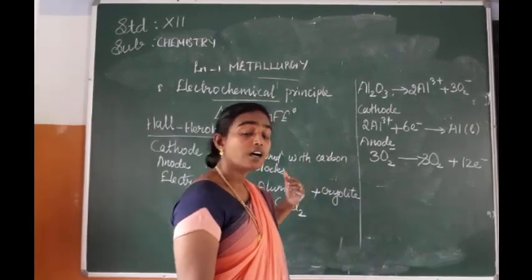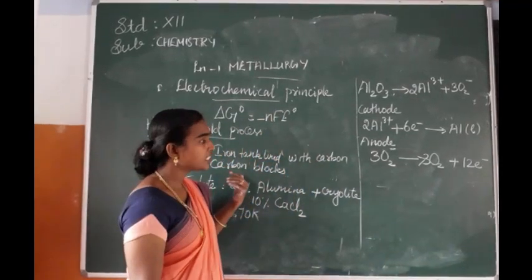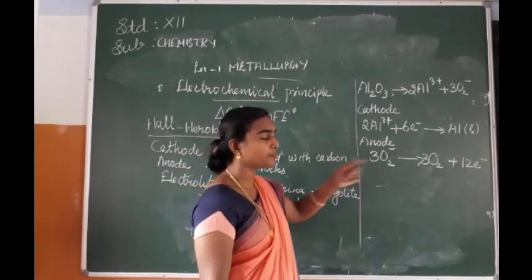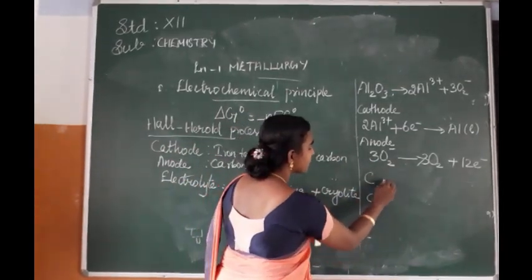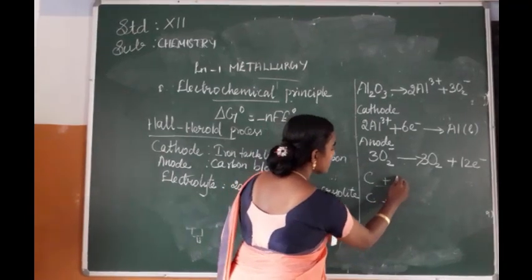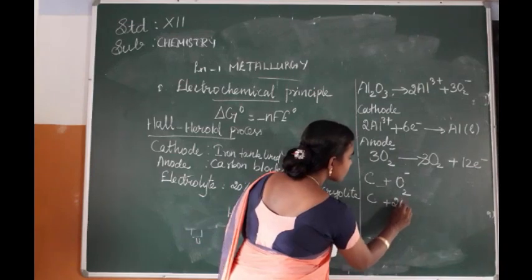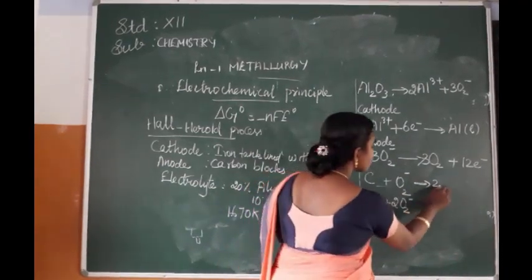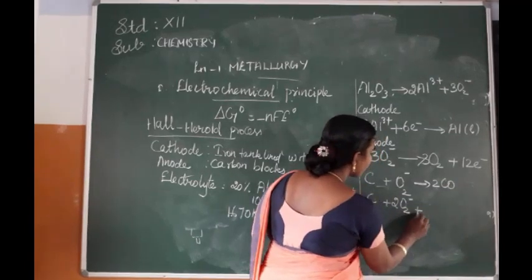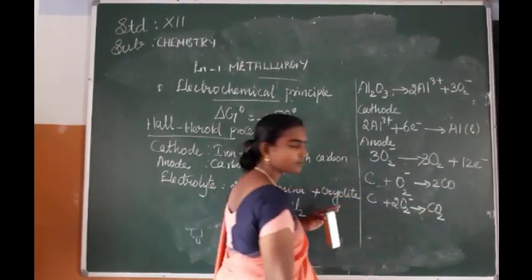So in the anode we have used carbon blocks, isn't it? This carbon will accept the oxygen. When it accepts 1 oxygen, it is converted into CO. When it accepts 2 oxygens, it will be converted into CO2.